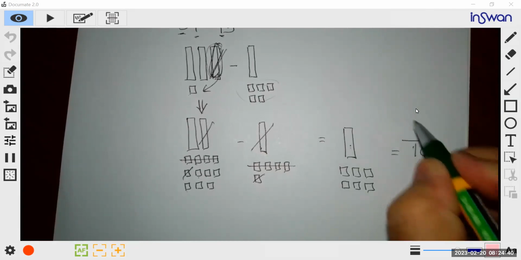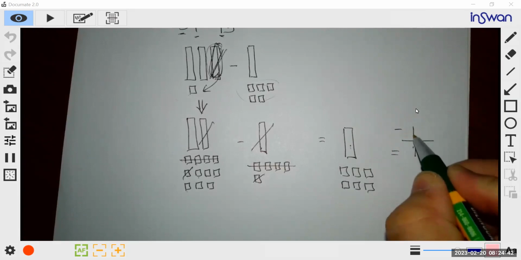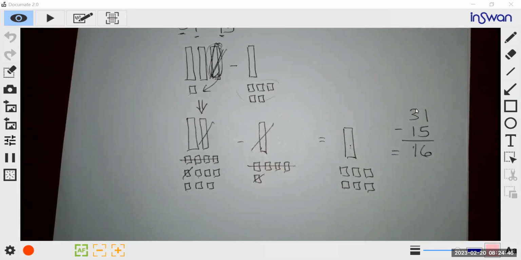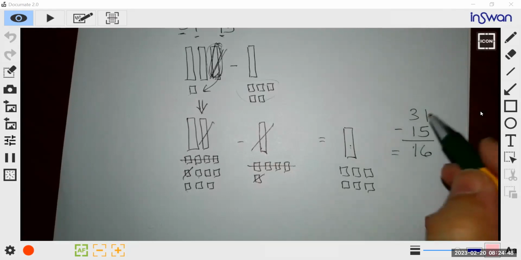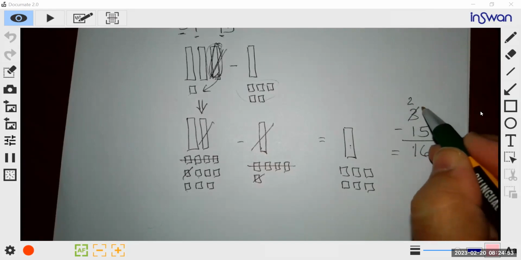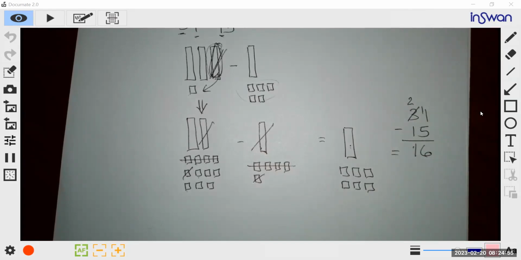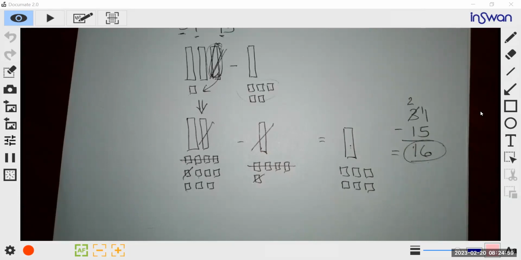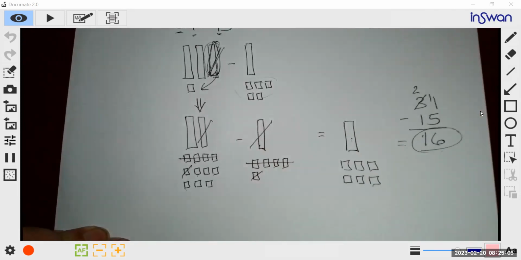And we do it. So we know that 31 minus 15, I can't do that, so I got to borrow 10 from there, which gives me 11. 11 minus 5 is 6. 2 minus 1 is 1, so 16. That's stuff we've been doing, but this is how we show it. So that's the first model, the takeaway model.